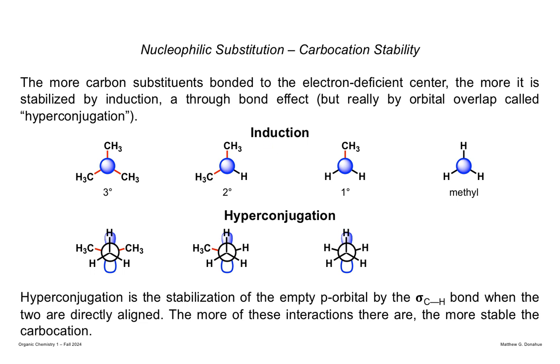Another way of thinking about that, but slightly different, is called hyperconjugation. That concept is a little bit more abstract. What you can imagine is you put your eyeball right here. You're going to look down this sp3 to sp2 bond axis.